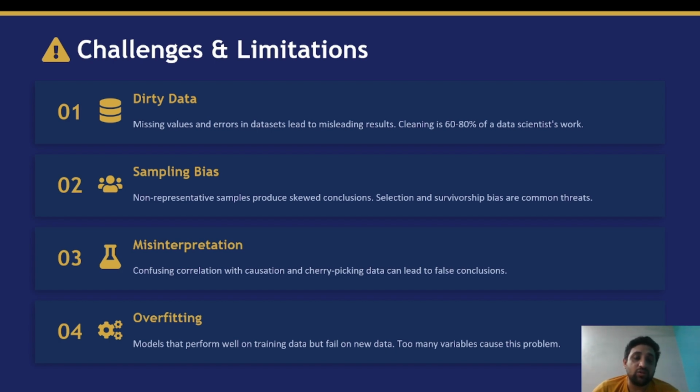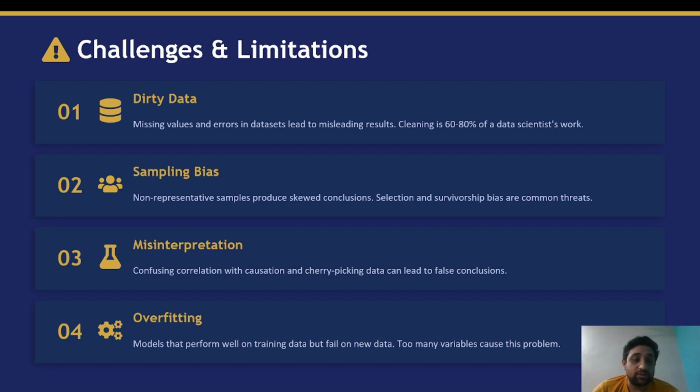Misinterpretations such as confusing correlation with causation can lead to false insights. Overfitting is another issue where models perform well on training data but fail on new data because they are too complex. Understanding these limitations is important for applying statistics correctly.